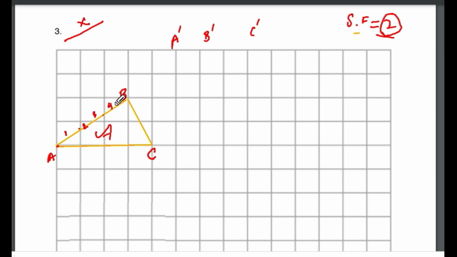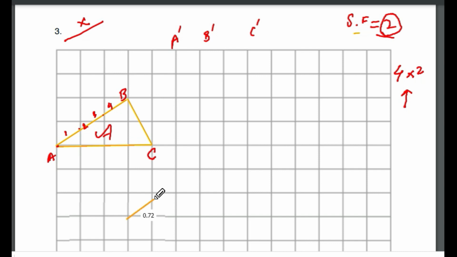1, 2, 3, 4. So what we need to do now, by scale factor 2, that means 4 times 2, we need to enlarge it, right? It means we need to make it bigger. So we are going to start from here and go up to 8. 4 times 2 means 8.